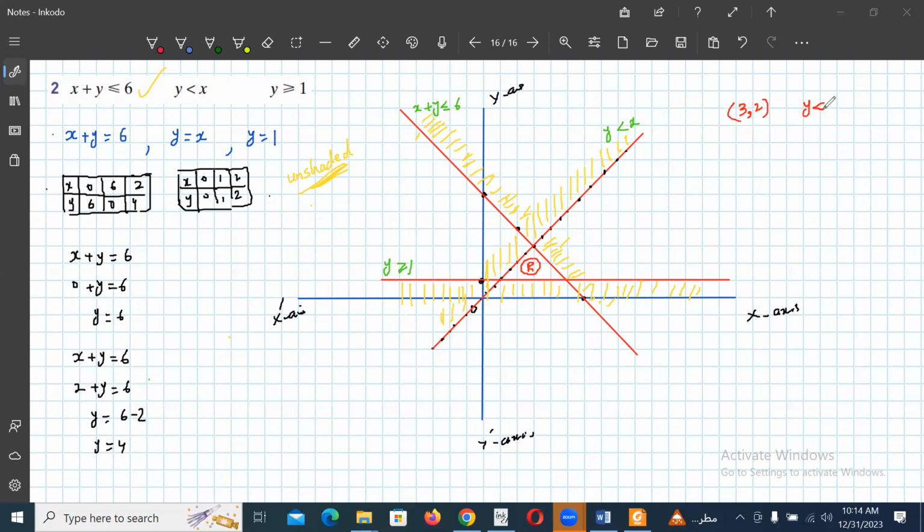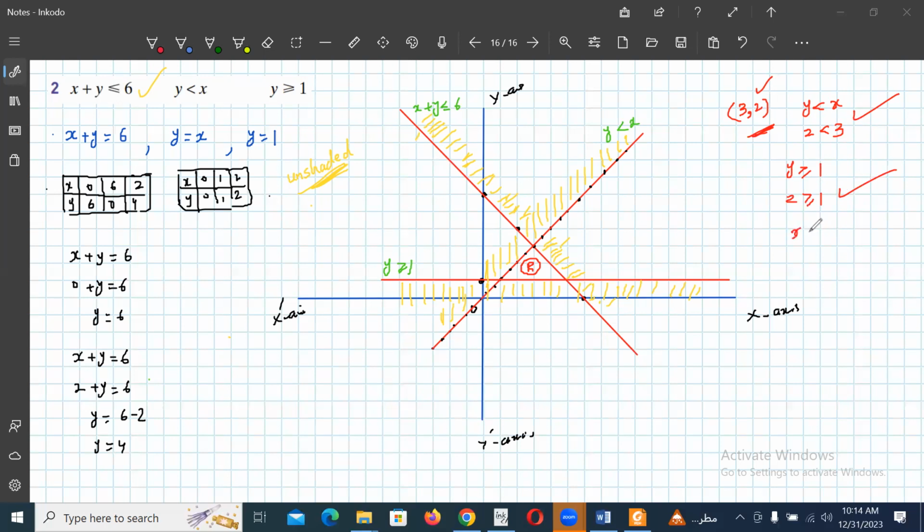Let's suppose y less than x. So 2 represents y and x is 3. So it satisfies. If I check the same value in the last, y greater than or equal to 1: I'm choosing y as 2 in this ordered pair, so 2 is greater than or equal to 1. This satisfies also.